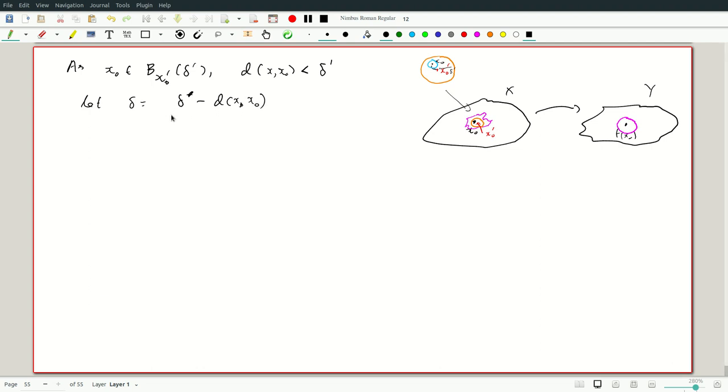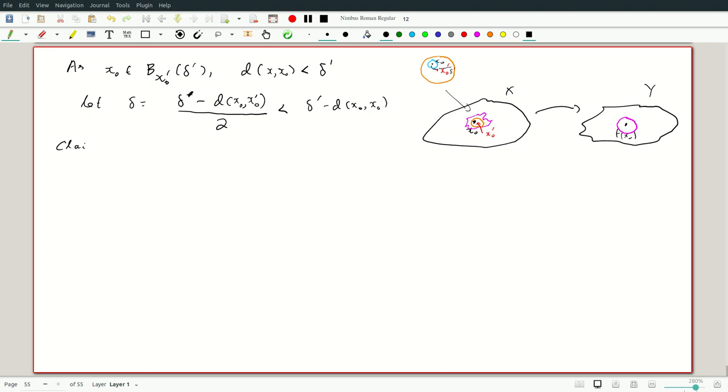Last time I took the minimum of two quantities, when we were looking at the metric being a basis. So this time, for definiteness, for a change, we'll take this difference. So we look at the distance between these two, which is symmetric. So note that this is just less than delta prime minus d of x0.